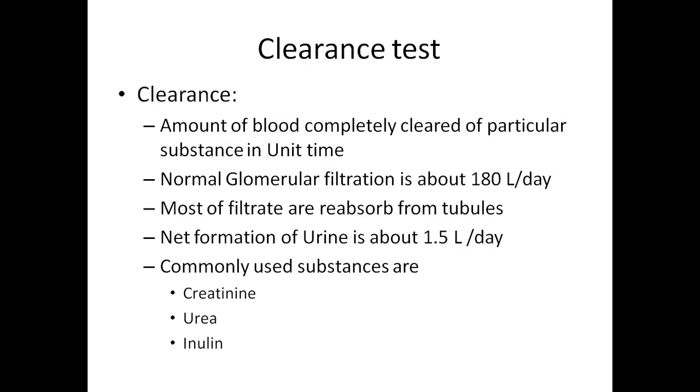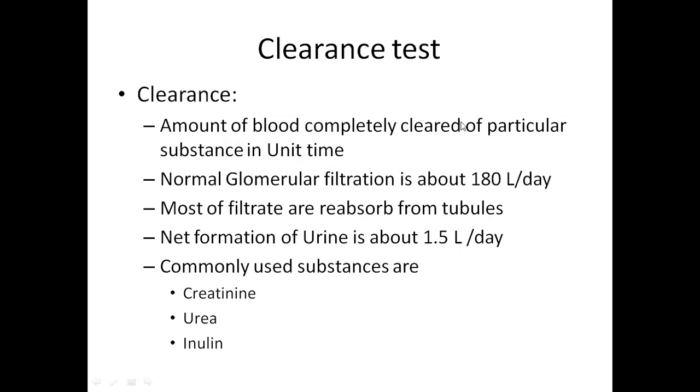Clearance test. What is the meaning of clearance? Clearance is the amount of blood completely cleared of a particular substance in unit time. Suppose we are using creatinine. The amount of blood completely cleared of creatinine per minute is known as creatinine clearance.